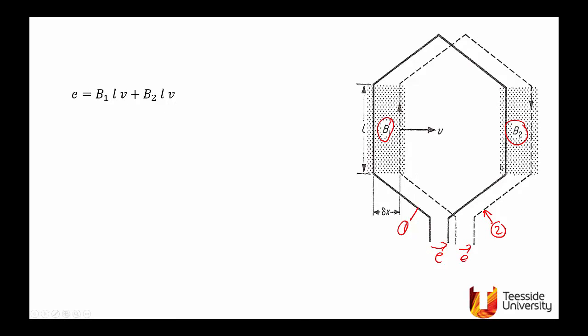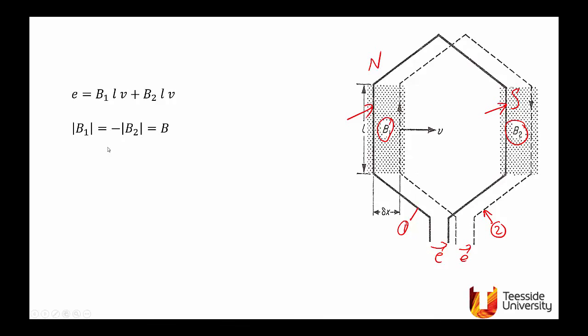plus B2LV. What we do in machines is we arrange that when one coil side, like this one, is under, let's say, the North Pole, the other coil side is under a South Pole. So B1 and B2 are equal in magnitude, but opposite in sign.